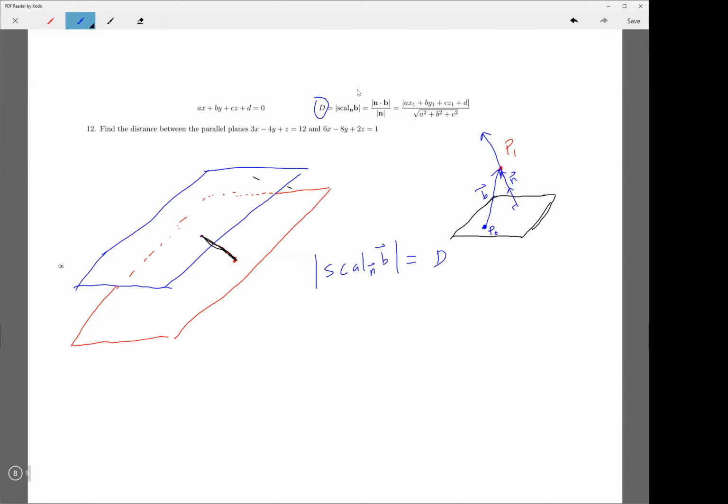So what this requires is that the normal to the plane be A, B, C, and that's why the A, the B, and the C get plugged in. And the B vector would be x1, y1, z1, like that.